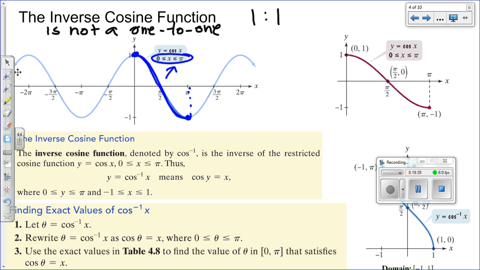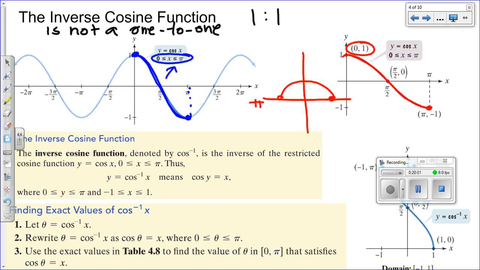All right, so we take that, and here's the piece of the graph from 0. The cosine of 0 is 1. The cosine of pi is -1, right? You guys remember that? Now if we look at the unit circle, what I'm taking is from 0 degrees to pi. Should I include pi?